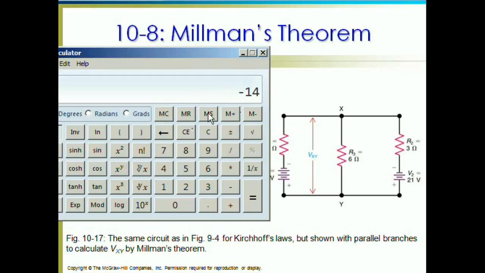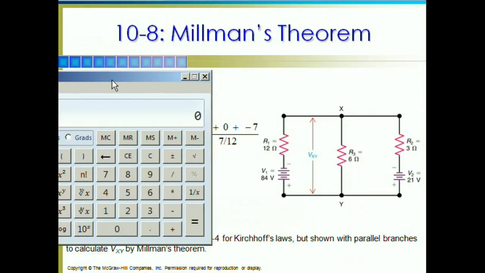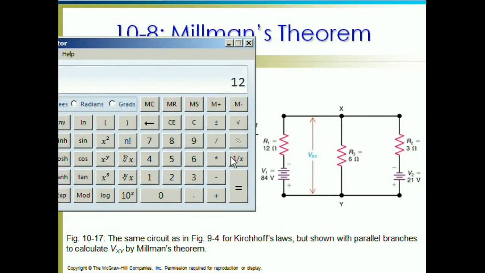And we're going to store that. Clear. And our values, once again, 12, 1 over x, plus 6, 1 over x, plus 3, 1 over x, equals 0.583333.